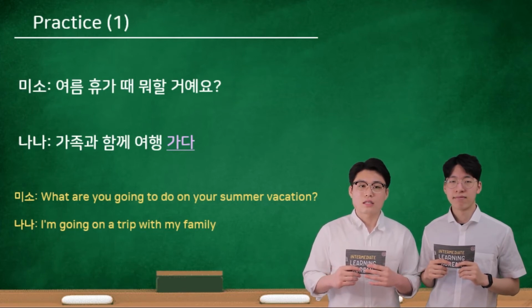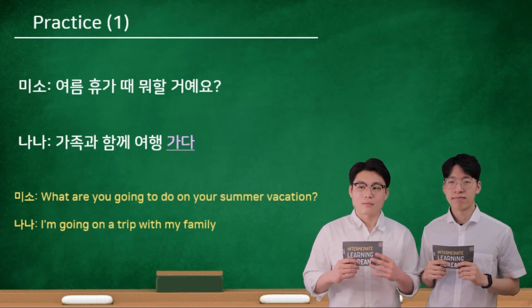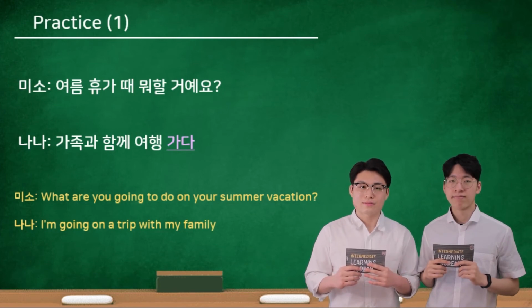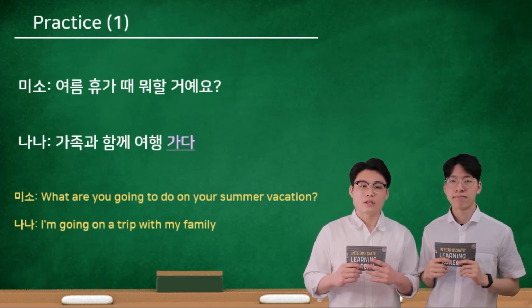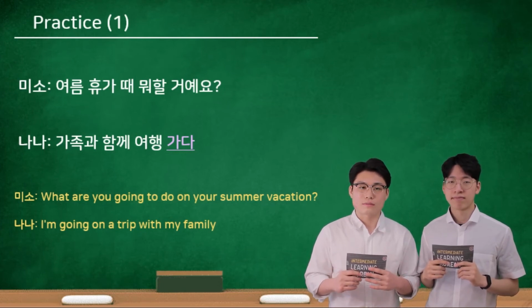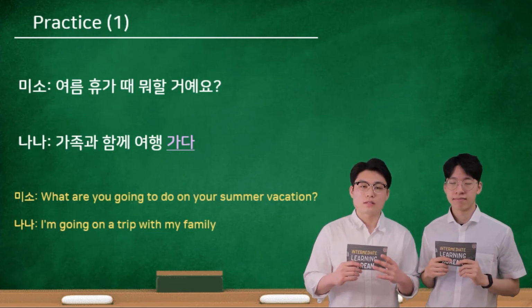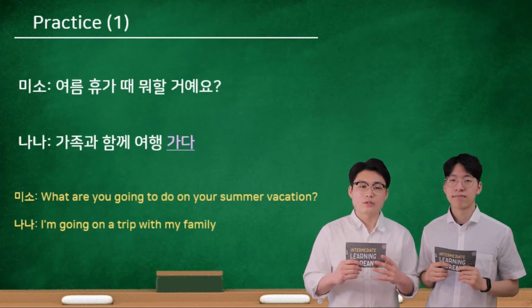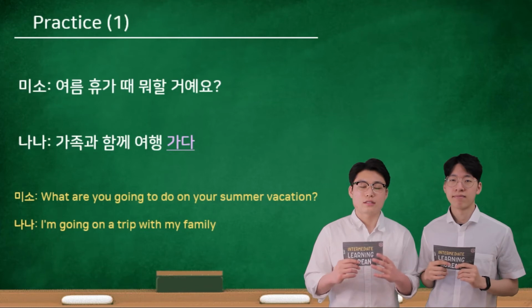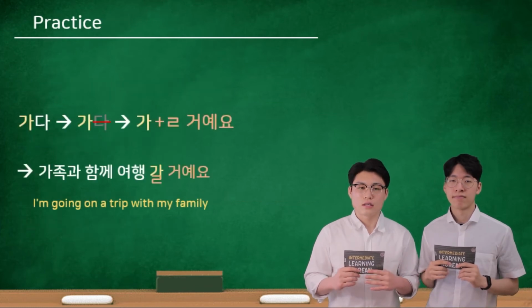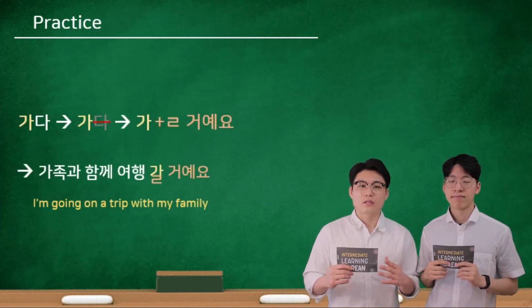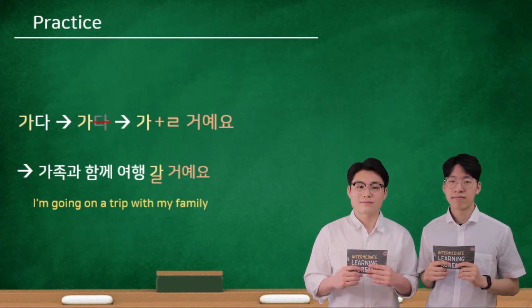When we remove 다 from the verb 가다, we can use ㄹ 거예요 because there is no final consonant. So it becomes 가족과 함께 여행 갈 거예요.